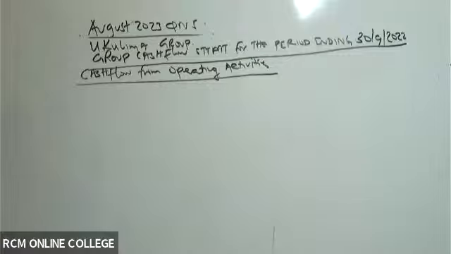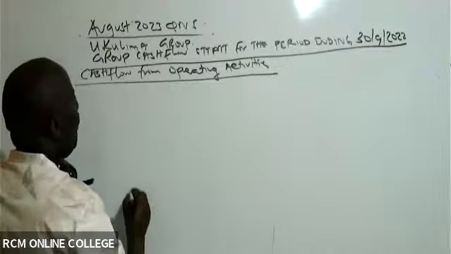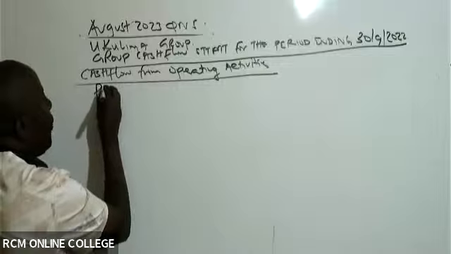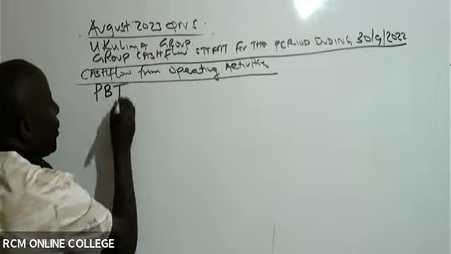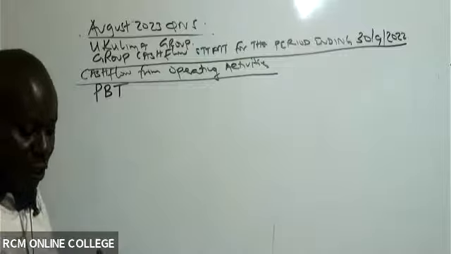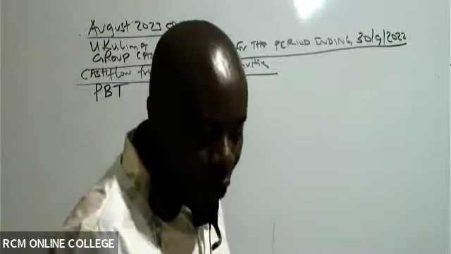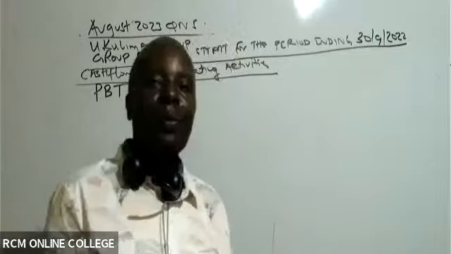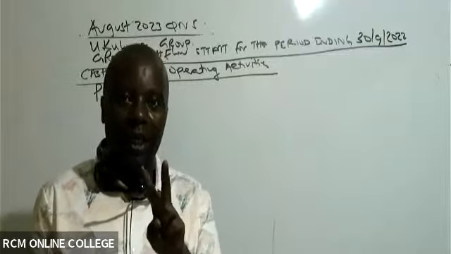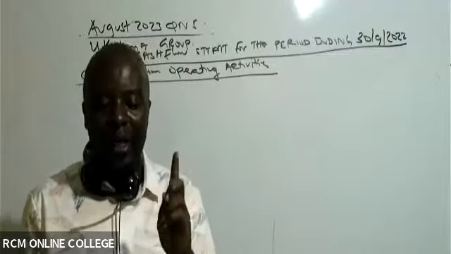All right. And then, of course, if it's the indirect method, you always start with the profit before tax. Is there somebody who is able to see the profit before tax in the income statement? Remember, for you to do this, you must be given statements of financial position for 2 years, and the income statement for 1 year.